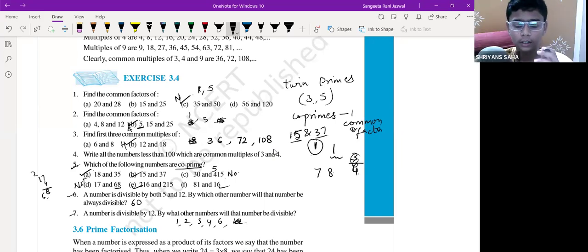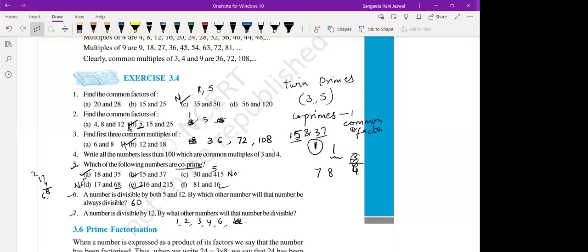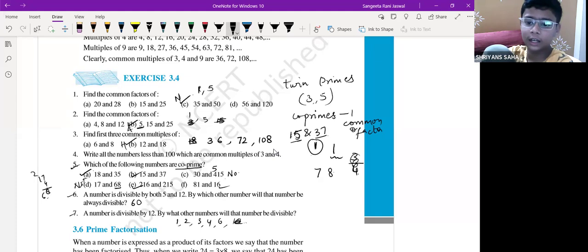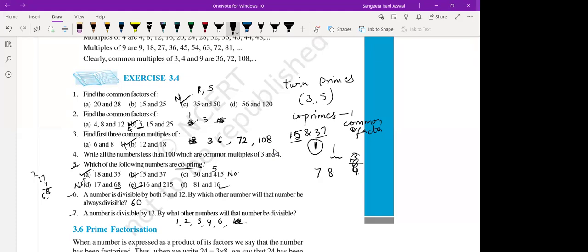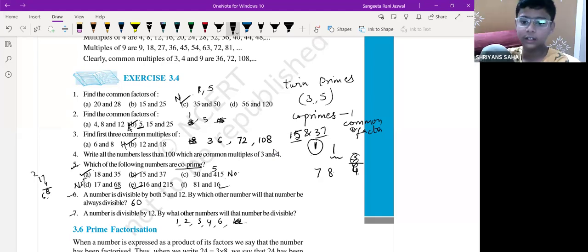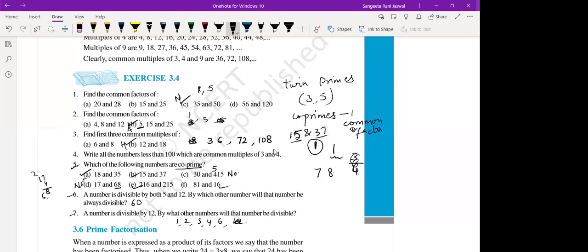To prove that these are co-prime, should one number be prime? No, that means they have only one as a common factor.